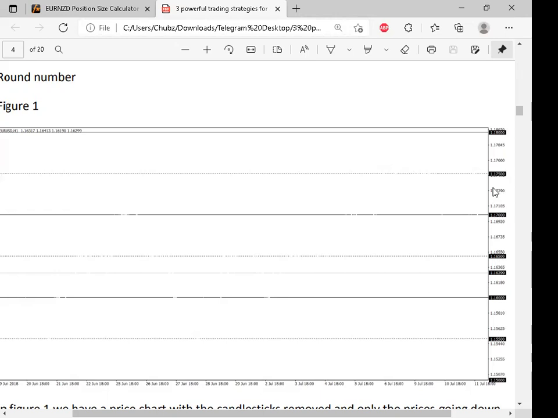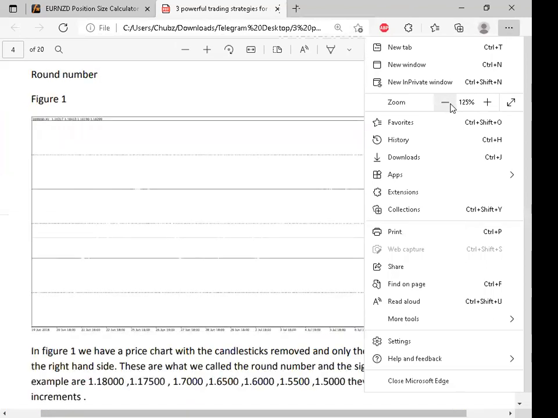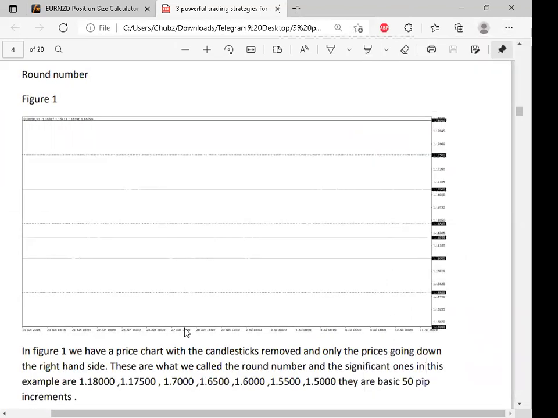Even if you're looking at this as 1,000 or 18,000, this one is 17,050. This one is 17,000. This one is 16,050. That is essentially that increment that we spoke about a bit earlier on the side of the round numbers. So these are the significant ones that we tend to look for.